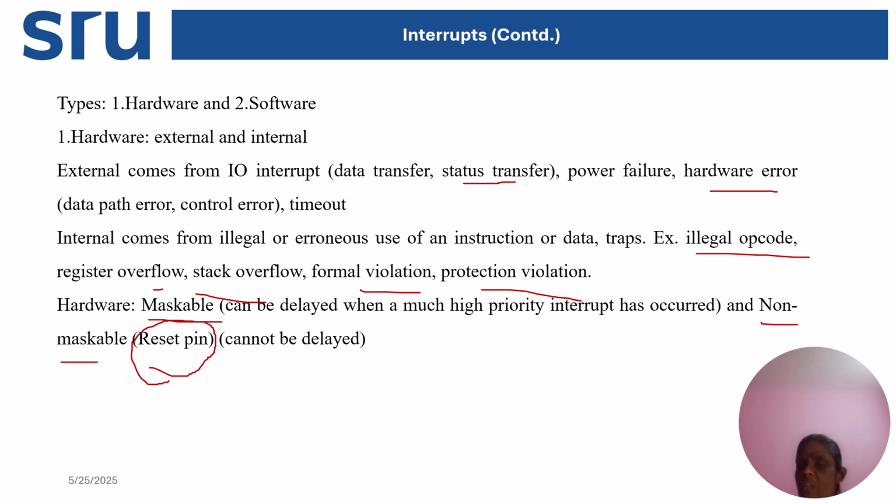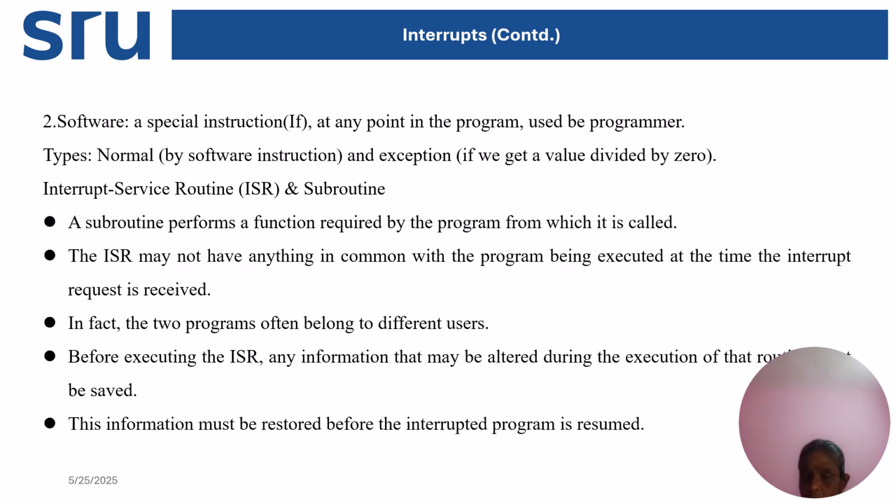After completing the higher priority work, the processor will come back and resume the previous work. The only thing is it has to wait and some time delay will happen. That's all.